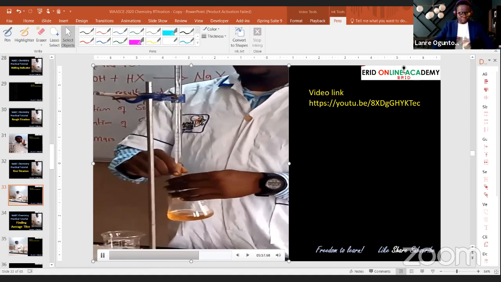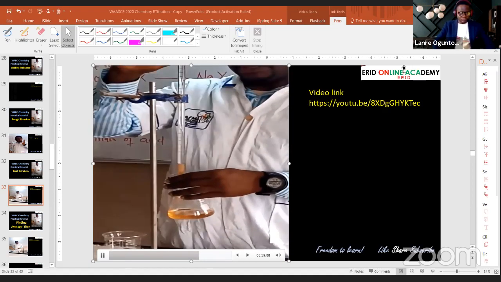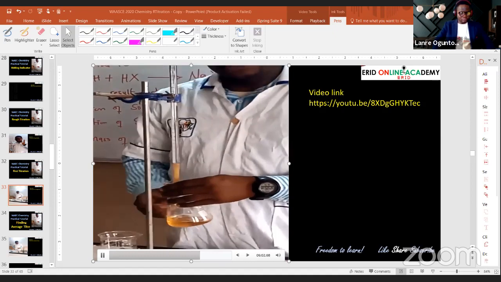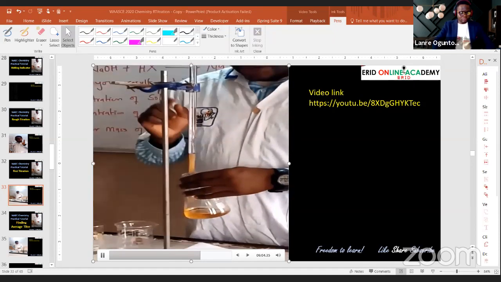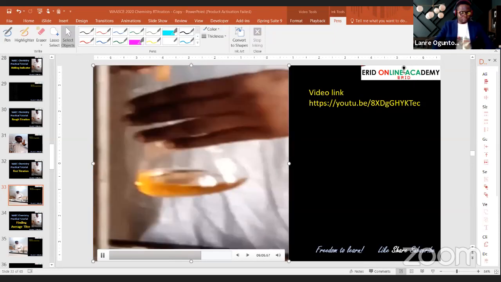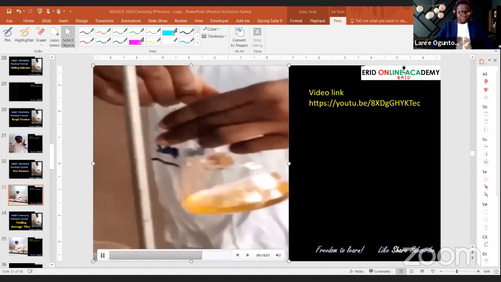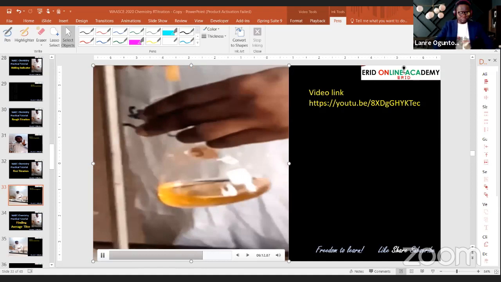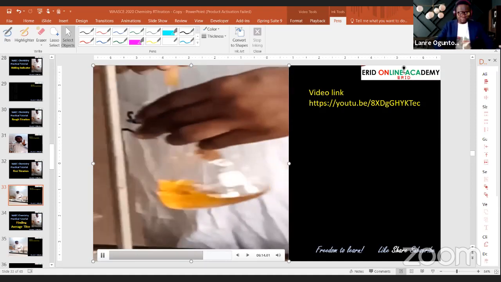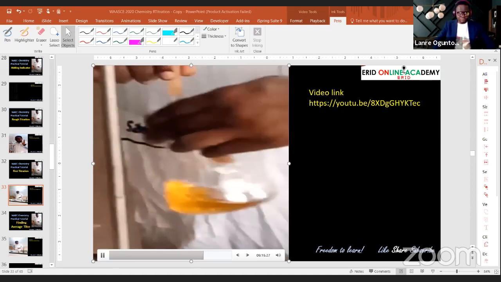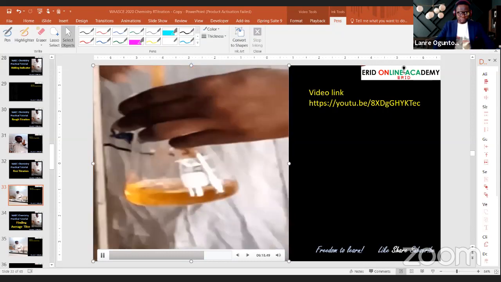At this point, your eye will no longer be here. Your eye will now be focusing on this because you now want to see the color change. If you zoom in, you'll see a color change at the point at which the drop is touching the solution. So I'm focusing on that against the time.